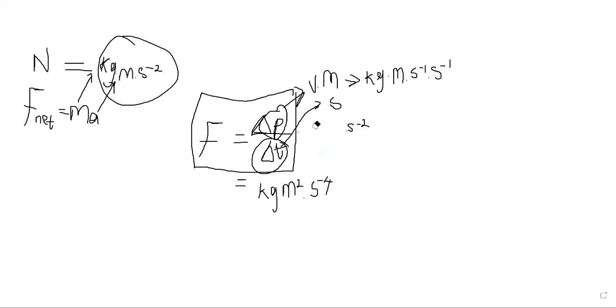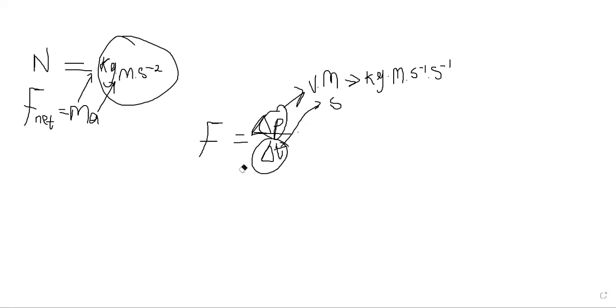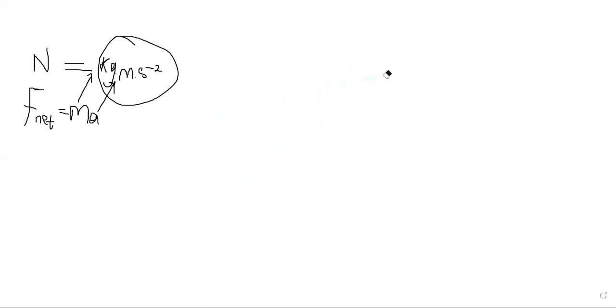So this gravity does not exist when it comes to force. You can say that force is equal to the rate of change in momentum, but that's not the definition for Newton's second law.